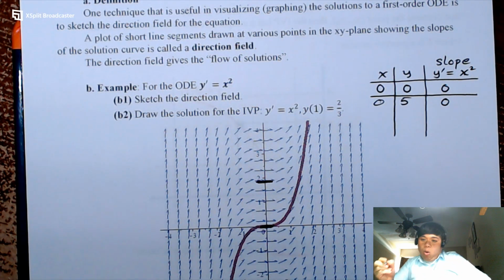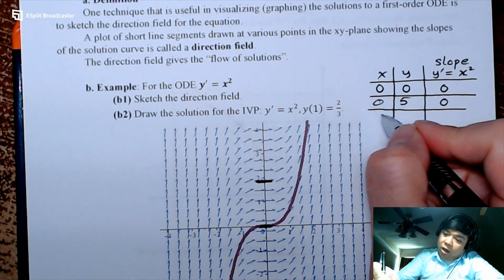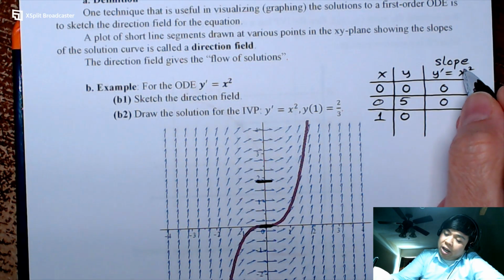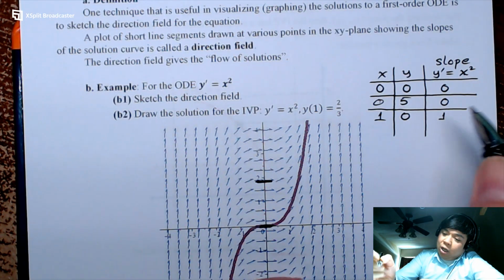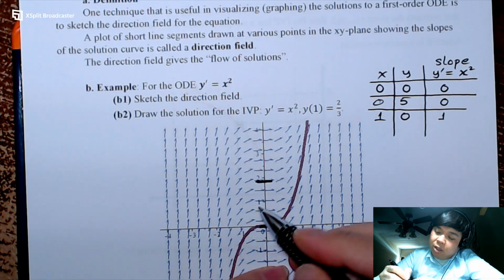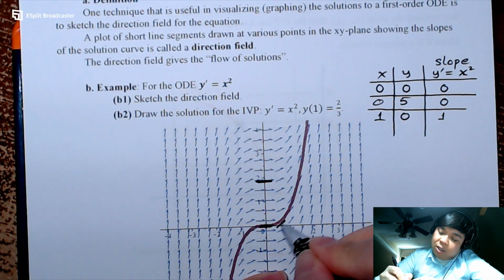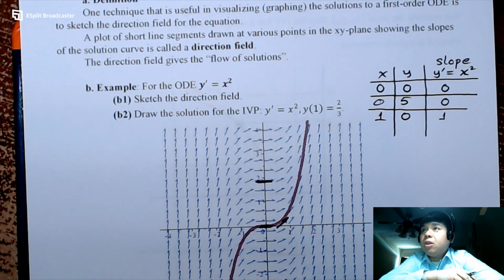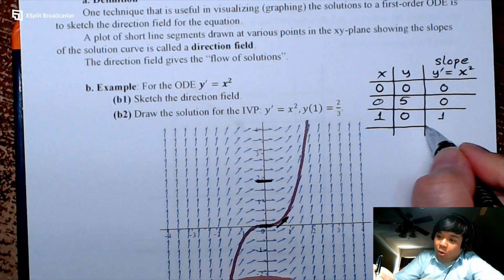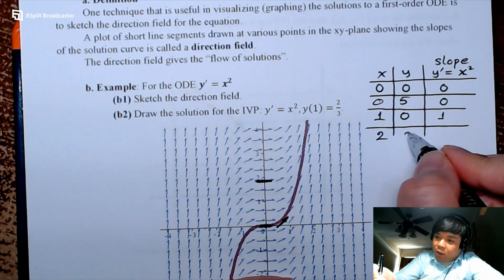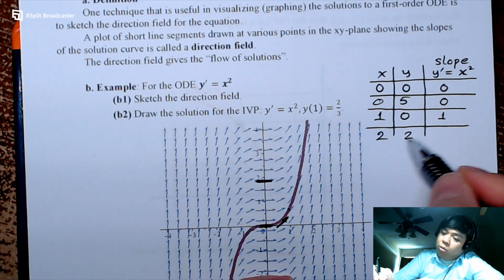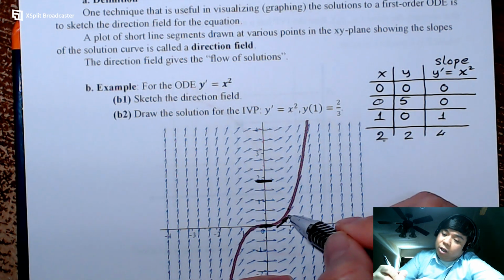For a bunch of points, if x equals 1, y equals 0, the slope is x squared, 1 squared is 1. So at the point 1 and 0, the slope is like that. And we can pretty much draw all the points, like 2 and 2 here. At 2 and 2, the slope is x squared, which is 4, so a little bit steeper.